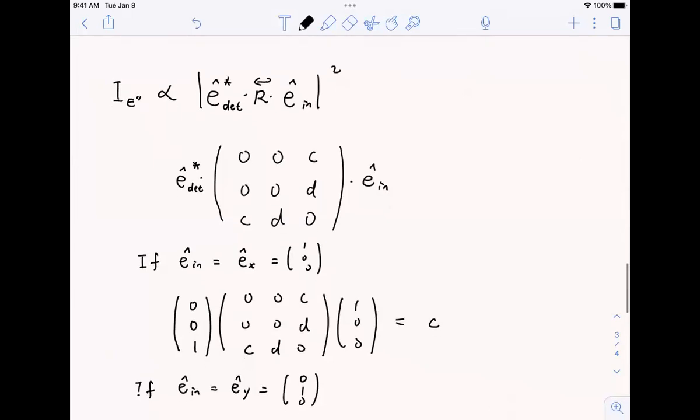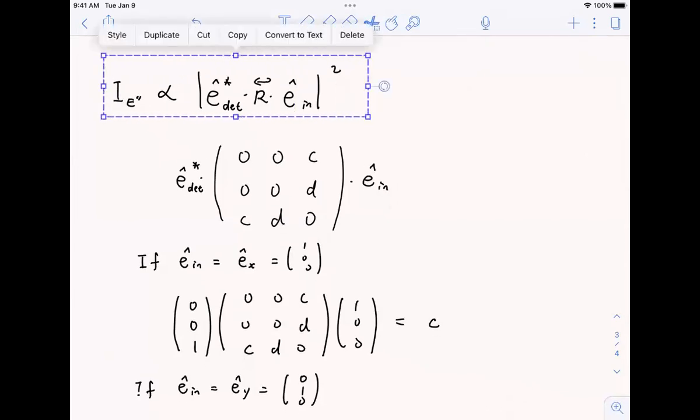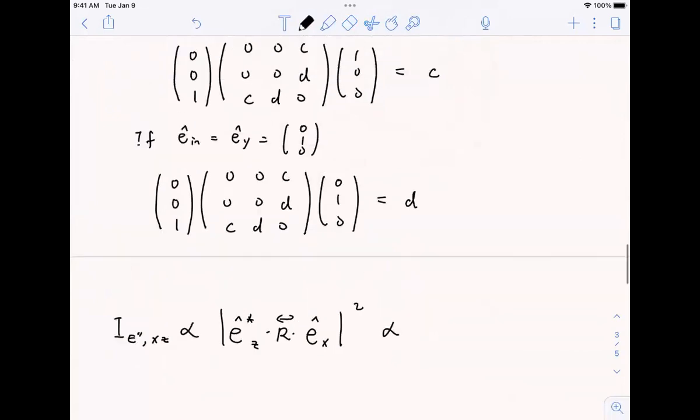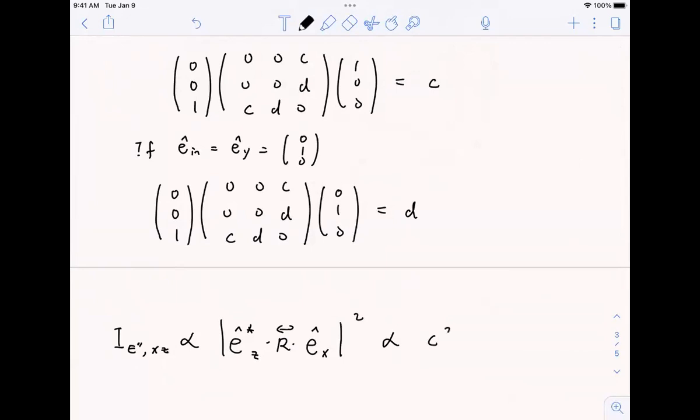So that means for the detection, you have XZ: this will be X, this will be Z, and it will be proportional to C squared.